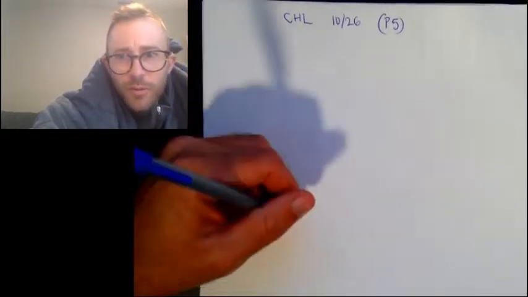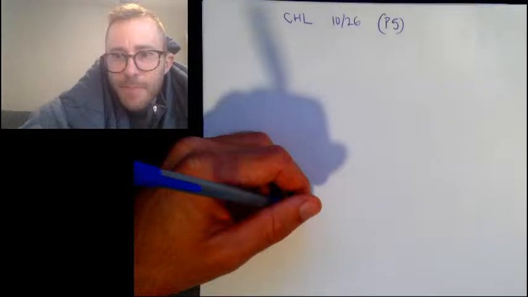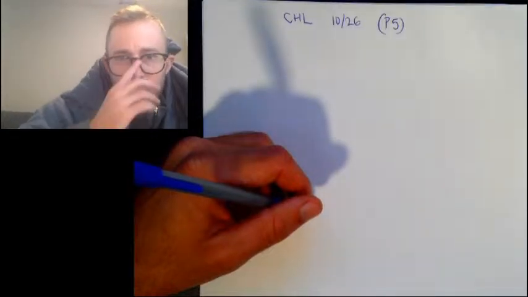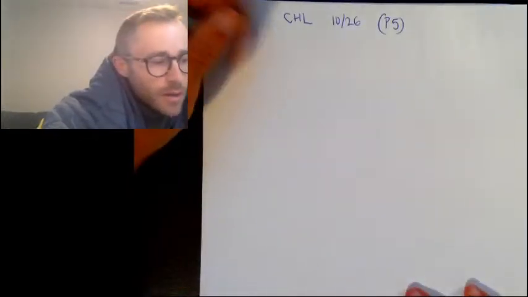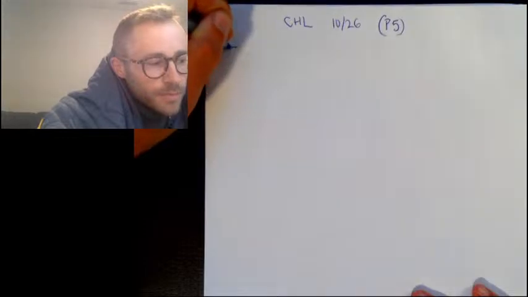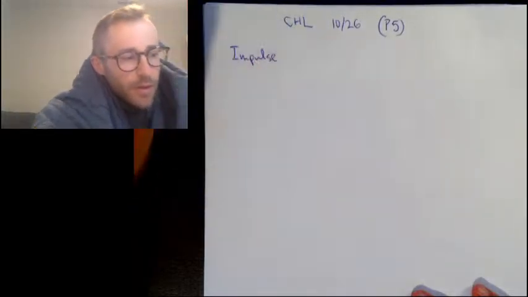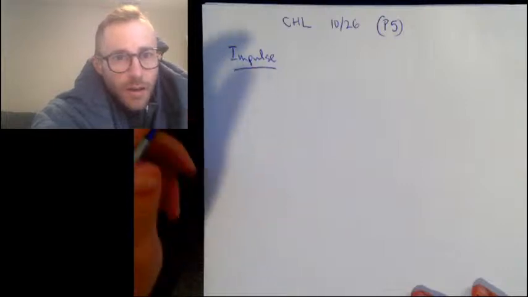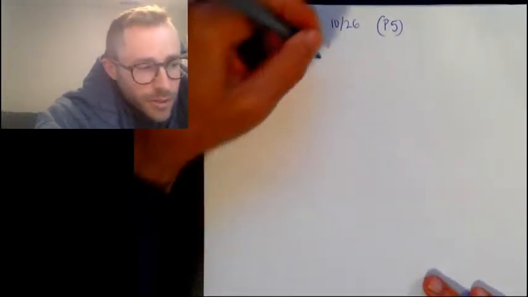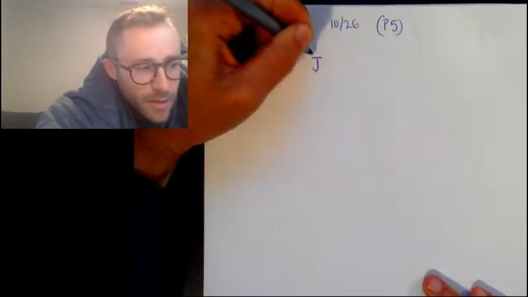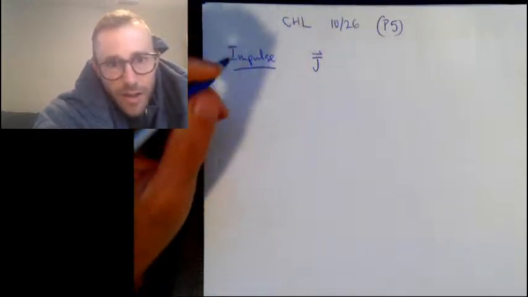Okay, so what I would like to do is define something called impulse. Impulse is denoted by J, and it is a vector.